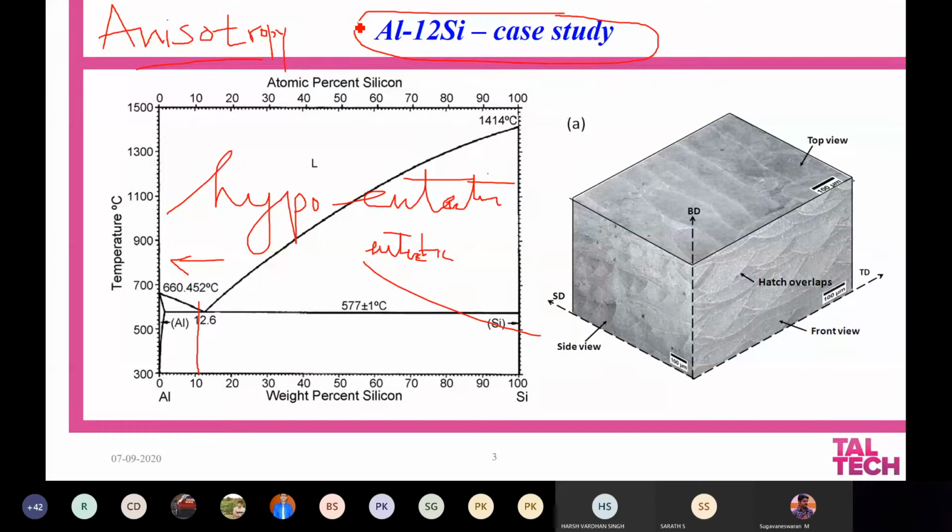When you see the top of the sample, you always see the top view. In the top view, you always see the way in which the laser has melted the powder bed, that is the melt tracks.